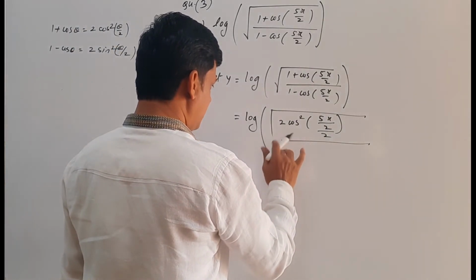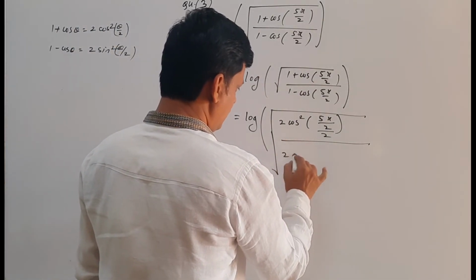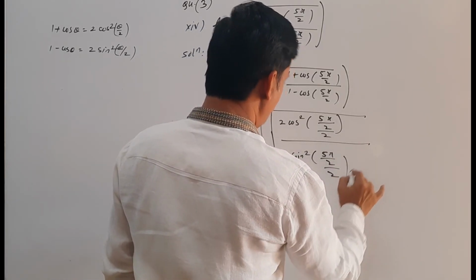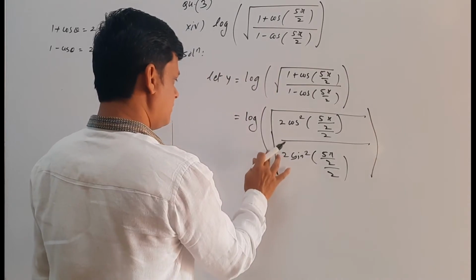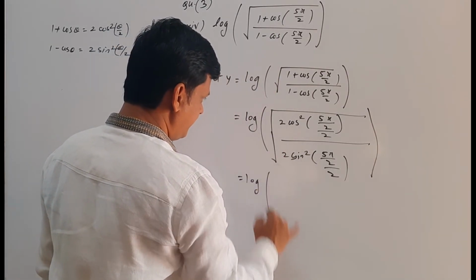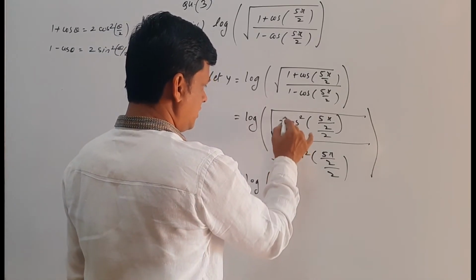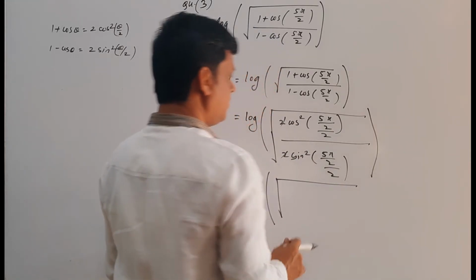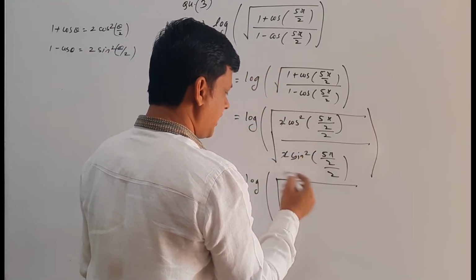In the denominator, 2 sin square 5x by 2 upon 2. So we write here log of, this 2 gets cancelled. So we write in one step cos square upon sin square, that is cot square.